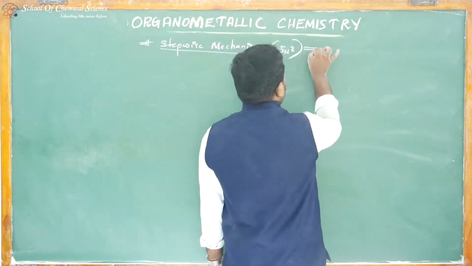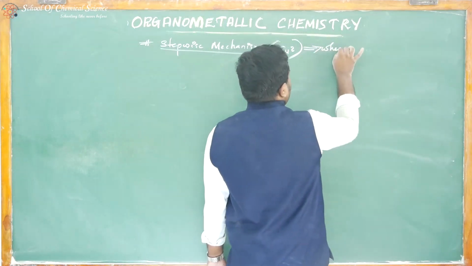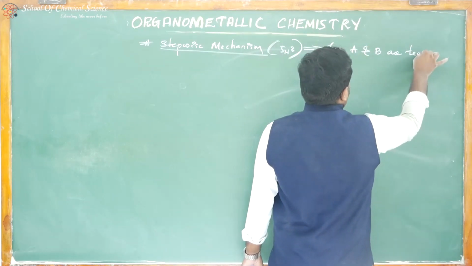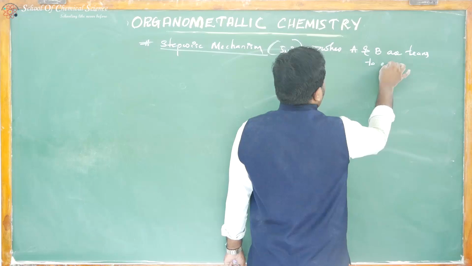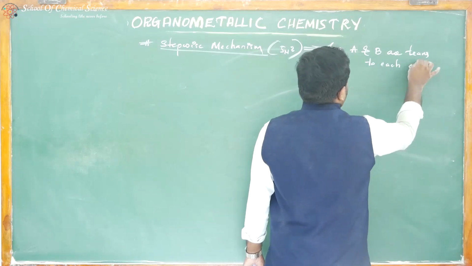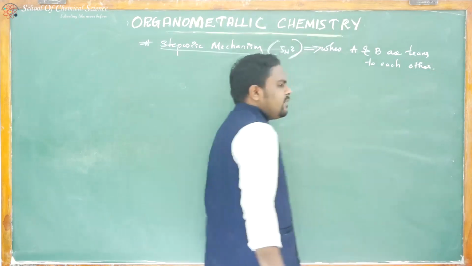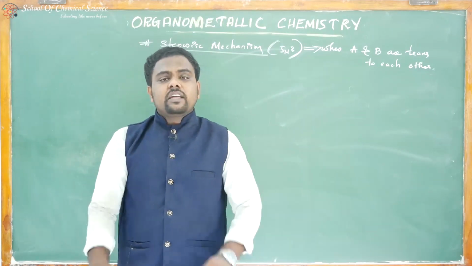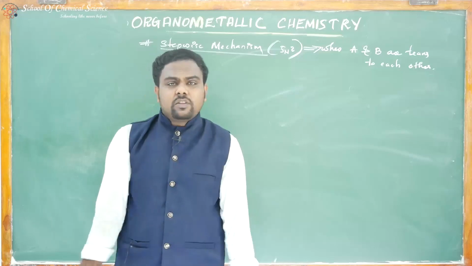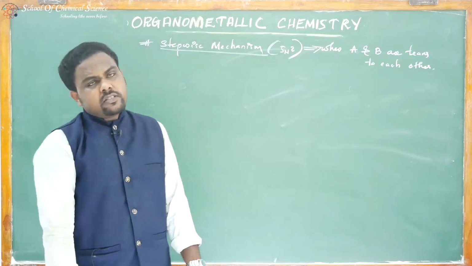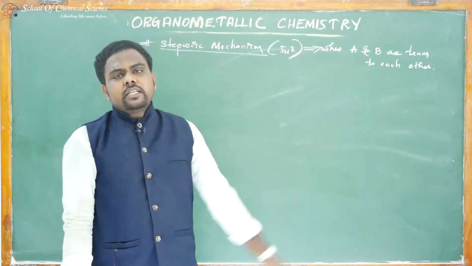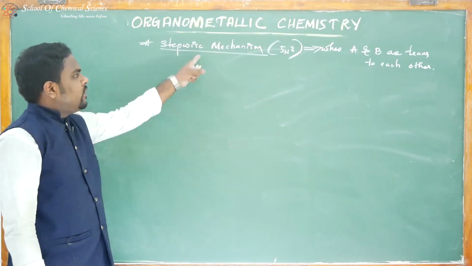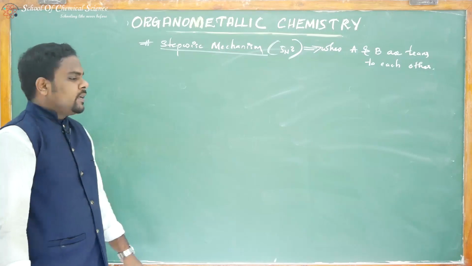This is followed when A and B are trans to each other. Normally when they are trans to each other, reductive elimination does not take place, or the rate of reductive elimination will be very slow compared to cis. Compared to cis, the rate of trans elimination is always slow, but trans elimination is also possible by another pathway called the stepwise mechanism or the SN2 mechanism.